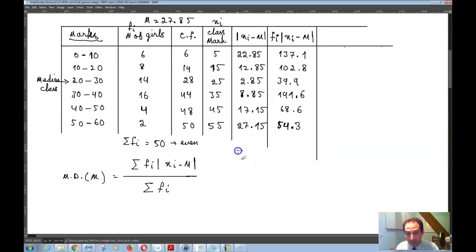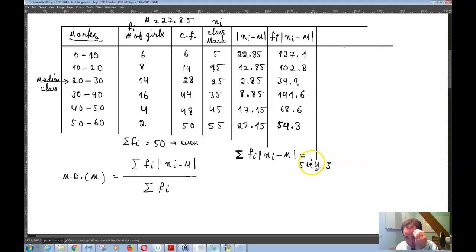So the sum of f of i times the absolute value of x of i minus m is equal to 544.3.